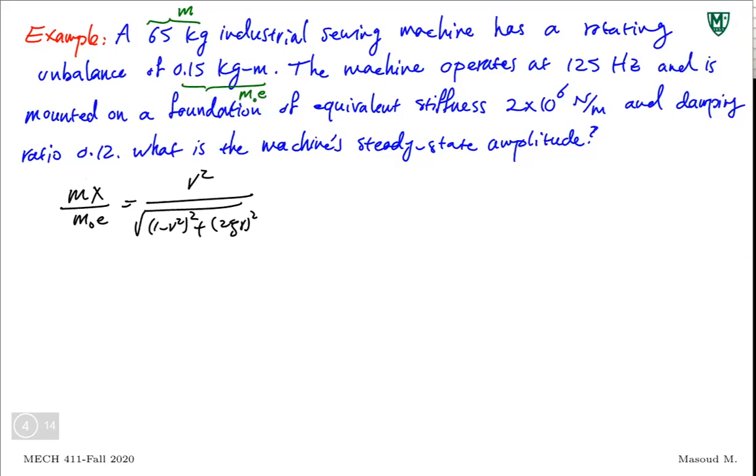This is the frequency at which the machine operates. I'll talk about it in a minute. Let's go with the equivalent stiffness. It's obvious this is K, and the damping ratio, we also know it's zeta. Now, what is that 125 hertz from the parameters that we know? Here, r is omega r over omega n. What is that 125 hertz? Which one of these parameters is that?